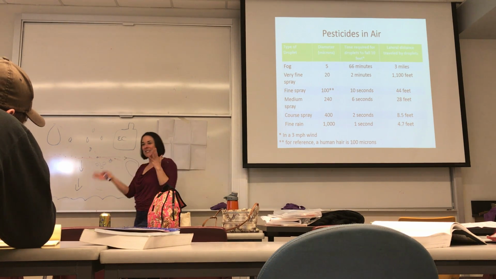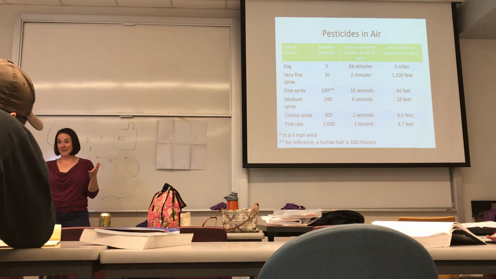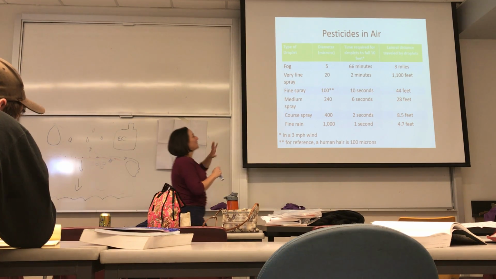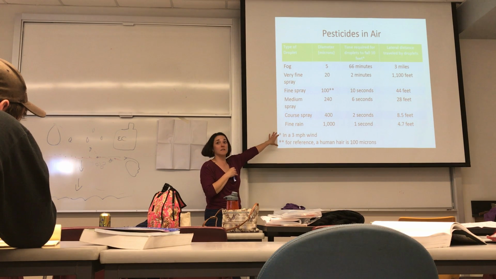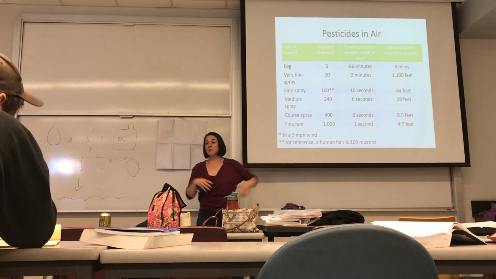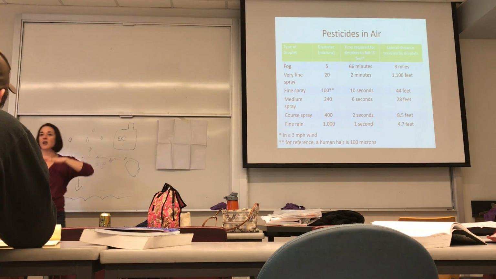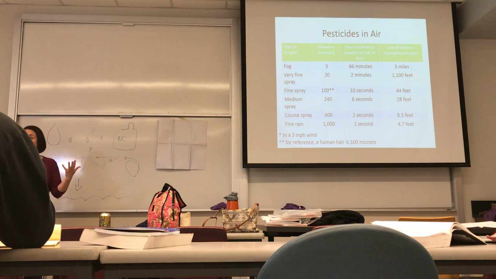There's a difference in coverage that's required, right? So if you want good coverage, you can't just choose the coarsest droplets. But there has to be a balance, because if we choose really small droplets for good coverage and then our pesticide moves off site, that is no help to anybody.